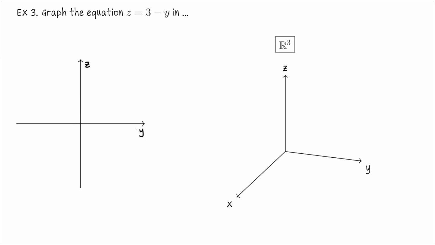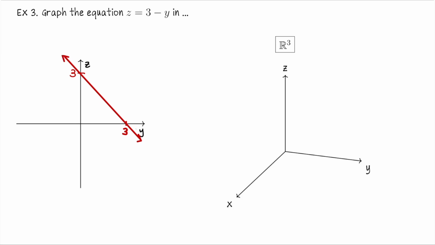Okay, so in the yz plane, z equals 3 minus y is a straight line with slope -1 and z-intercept of 3. So let's say this is 3, and we have a slope of -1. Okay, so here we have the positive y-axis and the positive z-axis. In R3, we recognize those portions of the graph as here and here. So here's the positive y-axis and the positive z-axis.